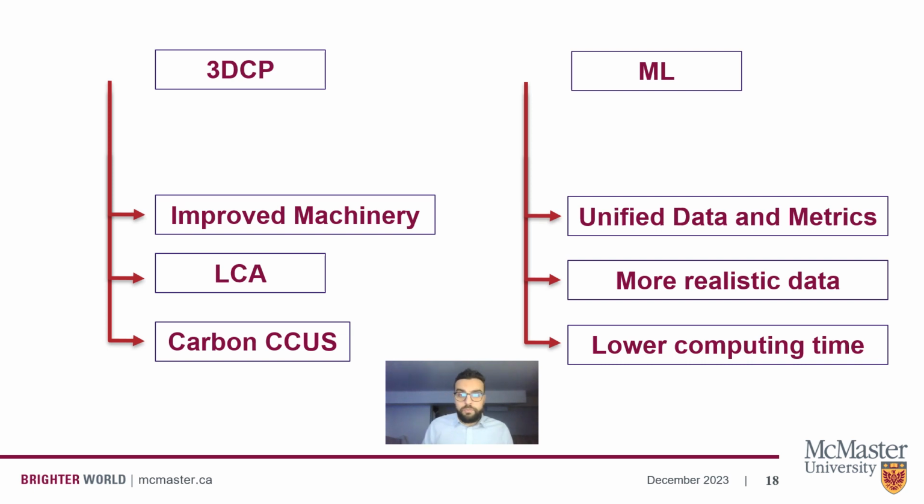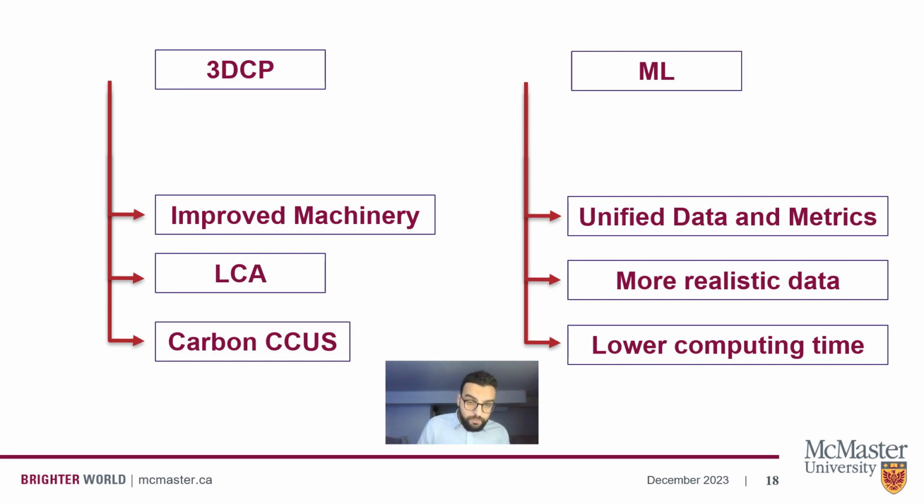Then for machine learning applications, we should think of a unified data set so everybody can use it, and metrics. So when we compare the studies in the future, we can have a reference, for example, to say, yes, we performed better in terms of accuracy, in terms of R-score, in terms of MSE.